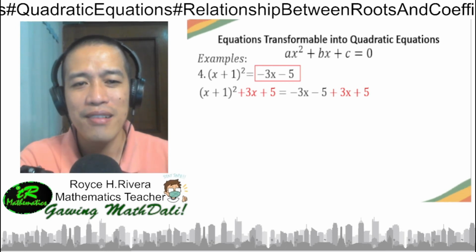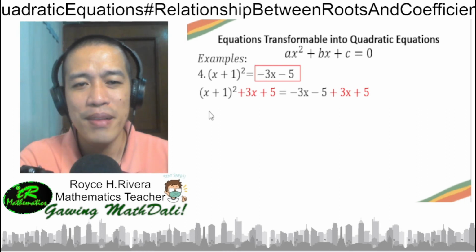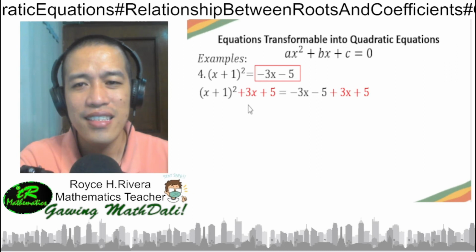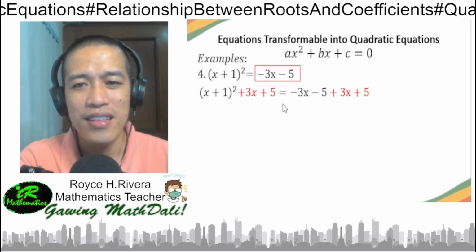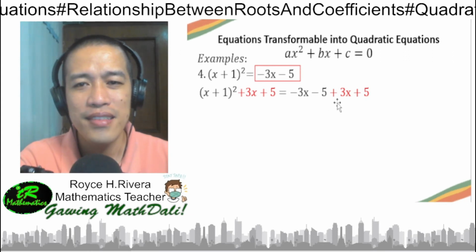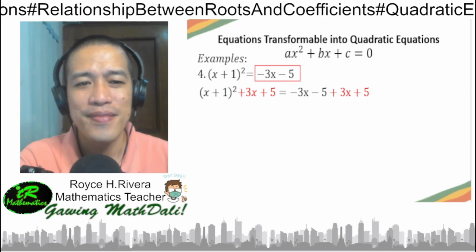So I will have the equation quantity x plus 1 raised to 2 plus 3x plus 5 equals negative 3x minus 5 plus 3x plus 5.